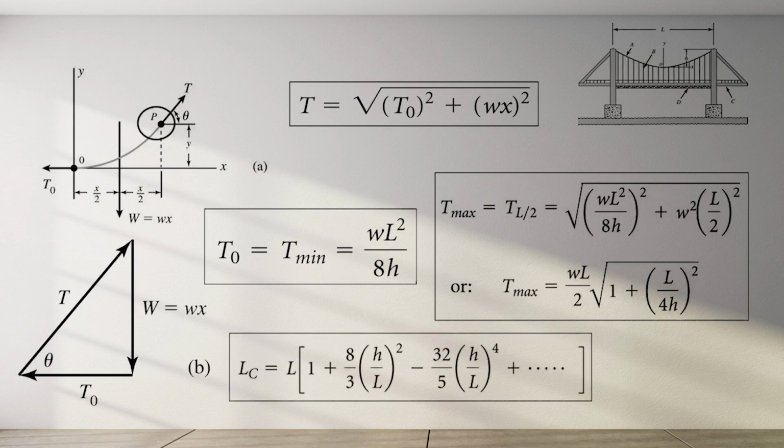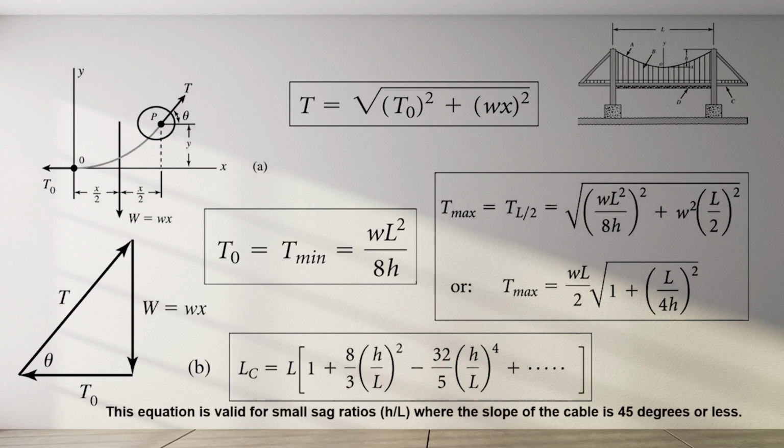The quantity H over L is known as the sag ratio and generally has a value between 0.05 and 0.20. This equation is only valid for a small sag ratio, H over L, where the slope of the cable is 45 degrees or less.